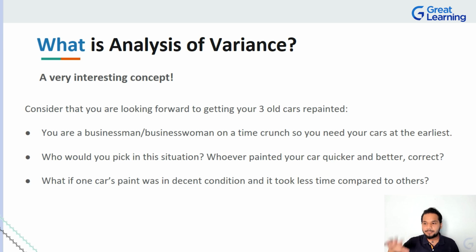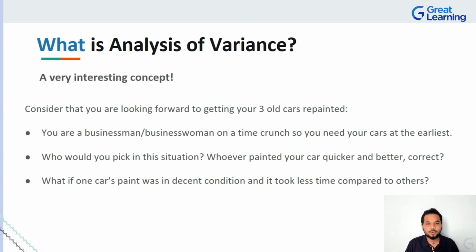So, among these 3 cars that are being painted, maybe the one you'll really like is the one that gets painted quicker, the one that has a job which is really well done. Again, common sense, right? Now, what if out of these 3 cars, let's just say one car is actually really good. It probably doesn't require repainting or repolishing or anything. It just requires a good wash and then a detailing job or something like that, right? It doesn't take a lot of work. Let's just say that. And there's another car which you've probably used daily for the last 2 years.